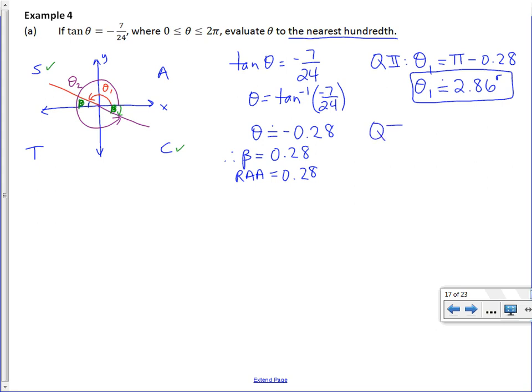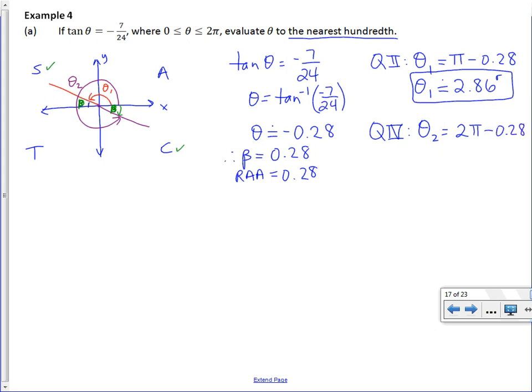And then you're going to give me my quadrant 4 option, which is theta 2. Look at the purple angle, guys. It's almost a what? It's almost a full circle, 2 pi. So it's a little bit less than 2 pi, so I should do 2 pi minus 0.28.